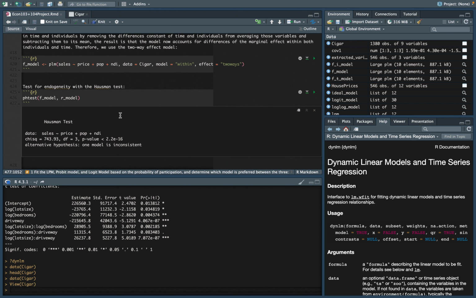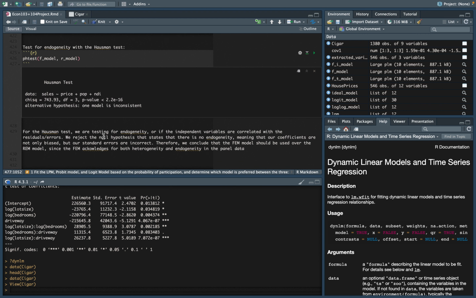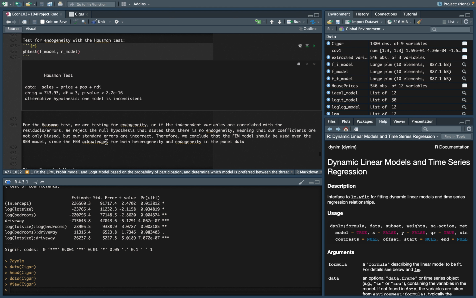If we don't reject the null and we conclude that there is a random effect model, then we conclude that these differences across individuals and time are random and don't necessarily have a pattern across them.